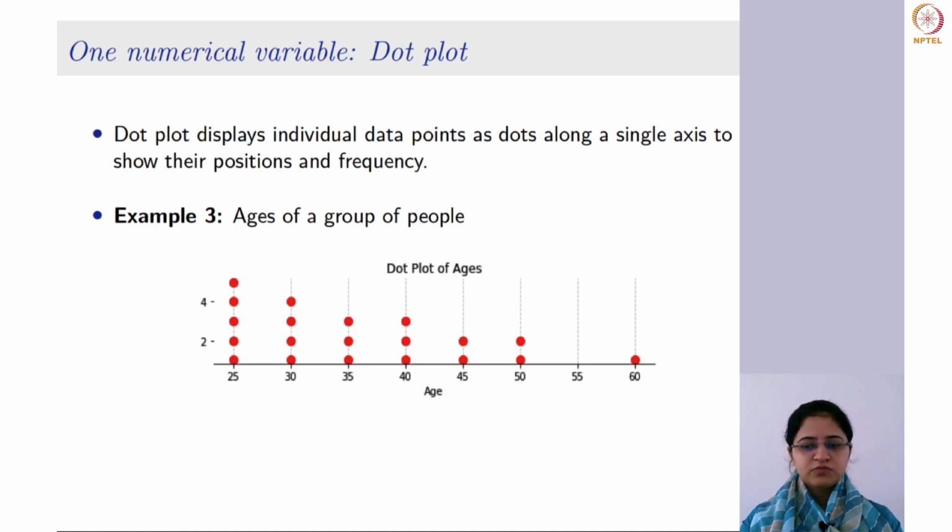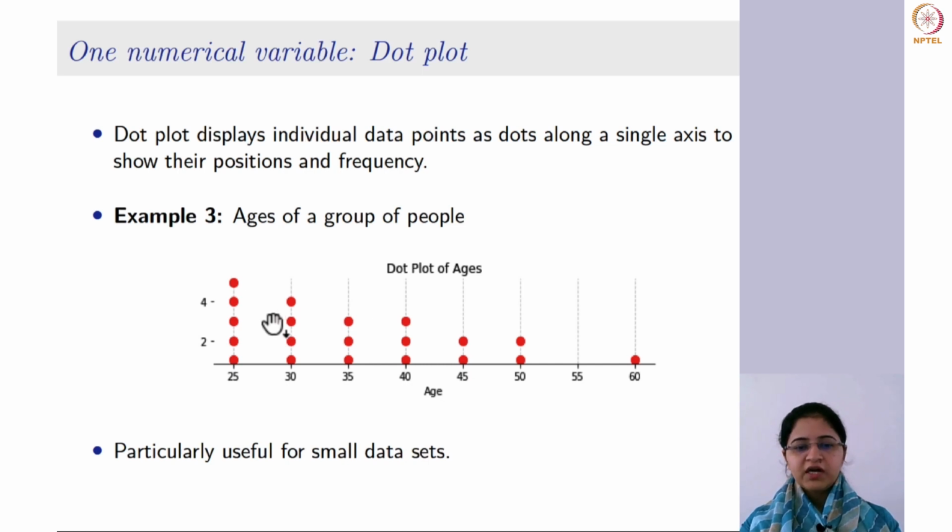But the drawback of the dot plot is that it becomes difficult to interpret when you have a larger data set, because you cannot keep on adding points one above the other if the data size increases. In that case, the dot plot becomes very cluttered and it becomes difficult to make interpretations based upon it.